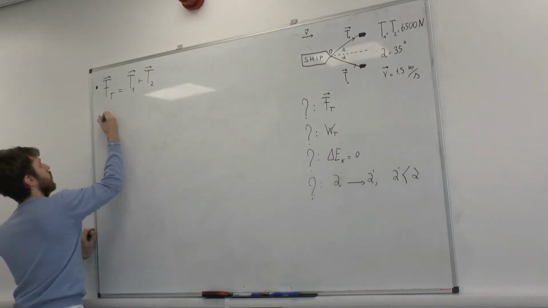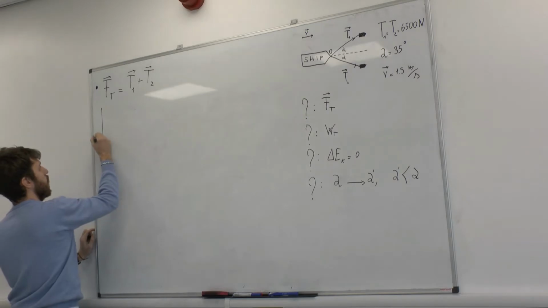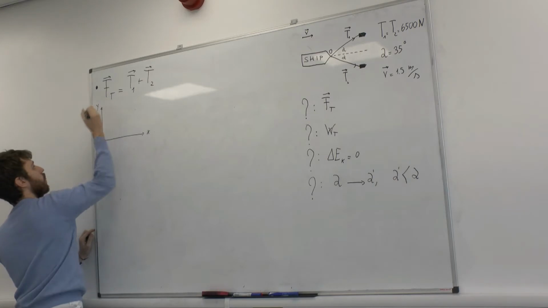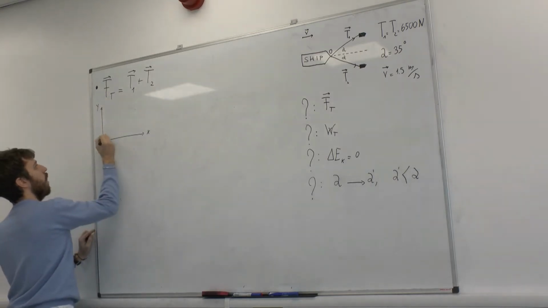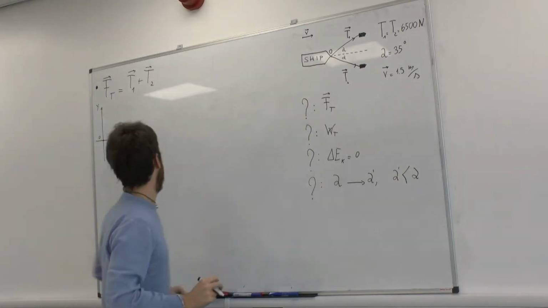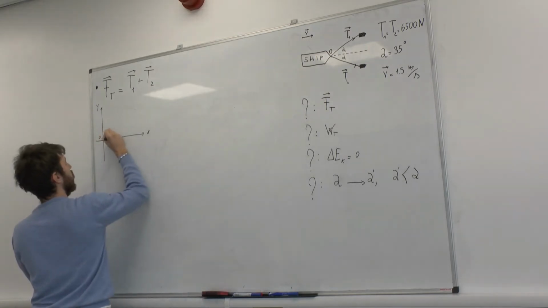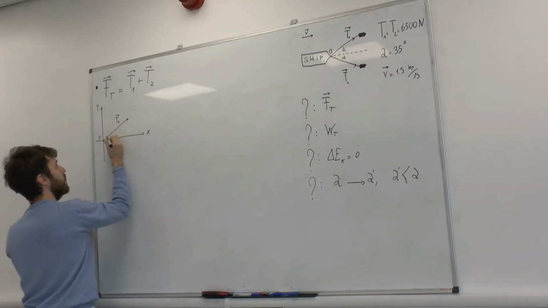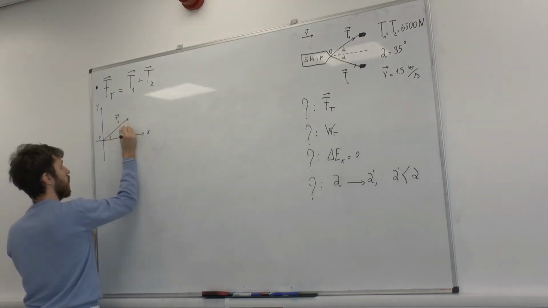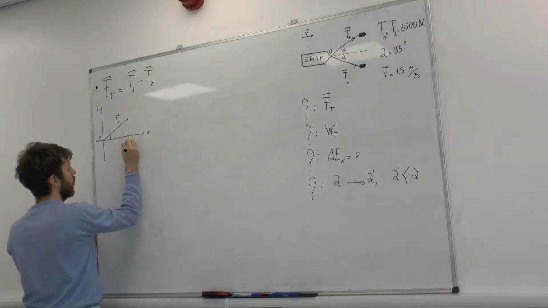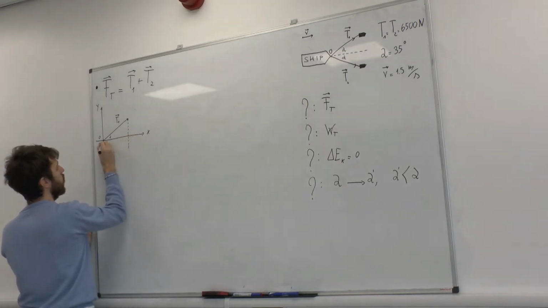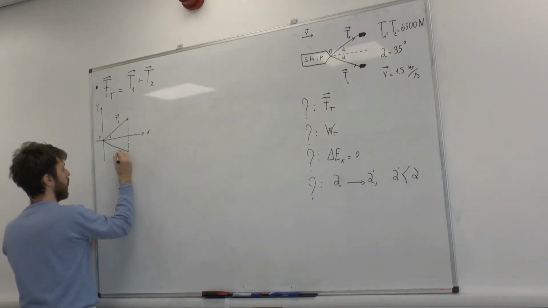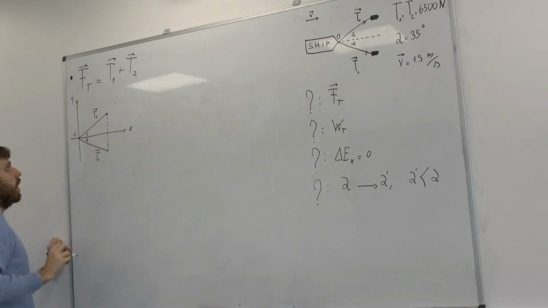In the picture we have the x-axis, the y-axis, and let's say the origin is the point O. So we have T1, this is alpha, and then we have T2, and this is alpha as well.